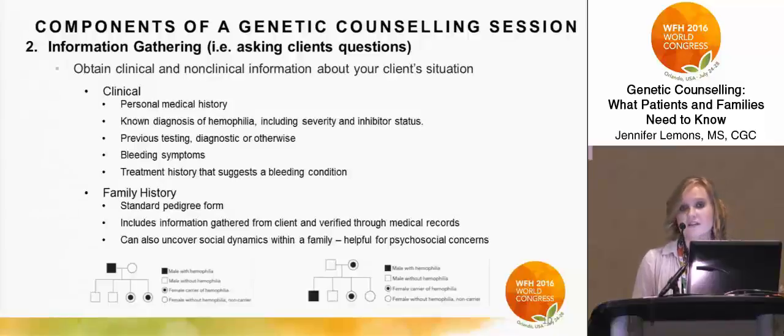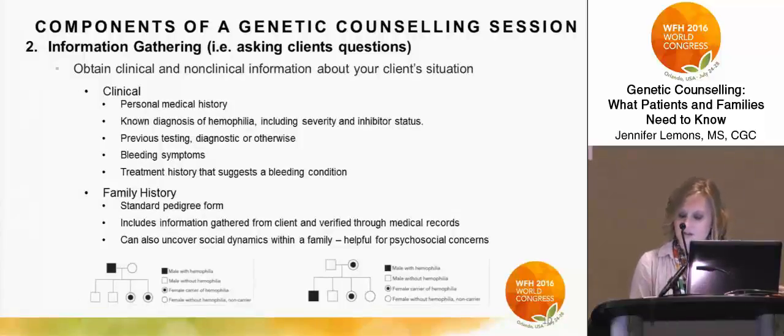And it's best to use a standardized method, because you want anyone else who's going to look at that to be able to interpret the information just as it was meant to be, so that you're not using your own shorthand information or symbols. If it's going to change between patients, it's difficult to know how to interpret the information.